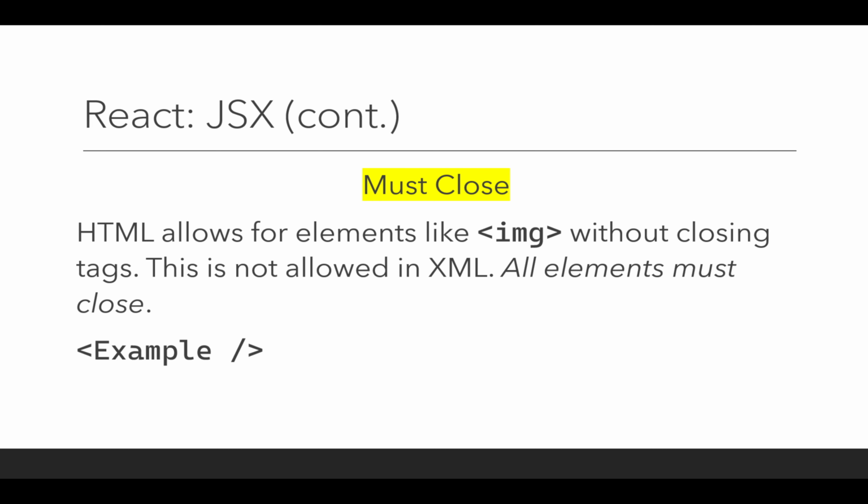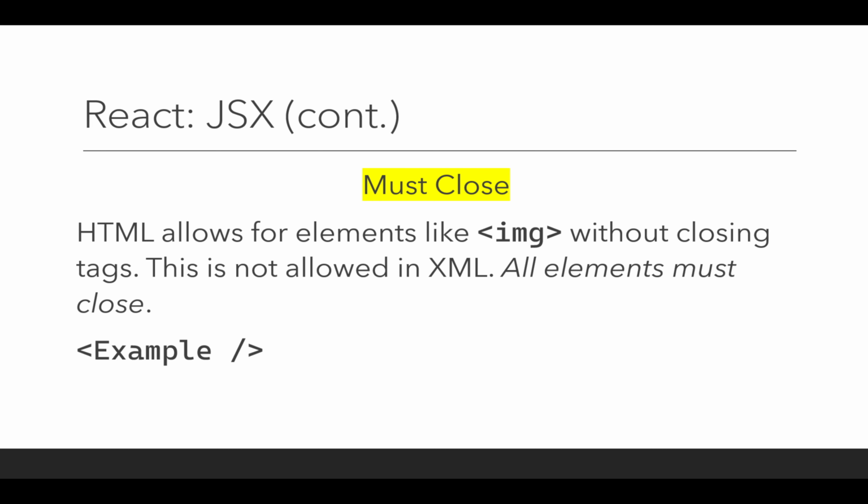This is a rule of XML inherited into JSX. So we then have either an opening tag and closing tag for elements, or an opening tag which is also the self-closing tag. Notice in this case the slash at the end of the opening tag if it is self-closing. So in this case it could be, as shown in the previous slide, example, and then an ending tag slash example, or a self-closing opening tag, in this case example with the slash at the end of the opening tag.